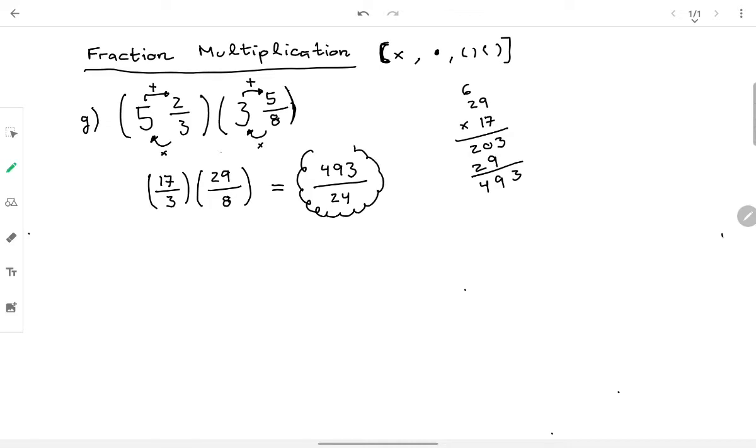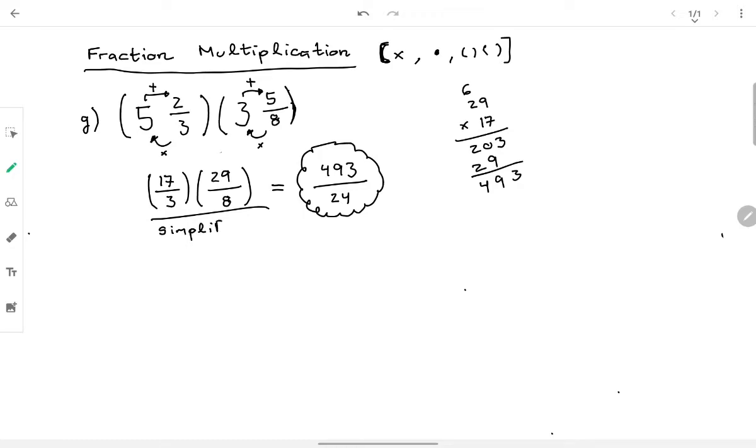And because we tried to do the simplification in the beginning, we know that this specific fraction cannot get simplified, because we tried to do it on this part. So maybe that's a good thing about this process. We know that we will get a fraction in the end that cannot get simplified because we are simplifying in this part.